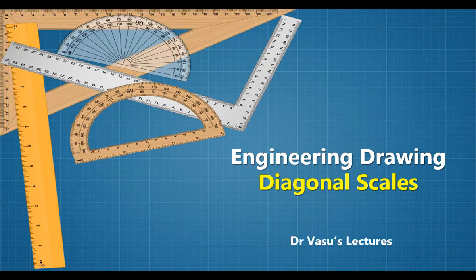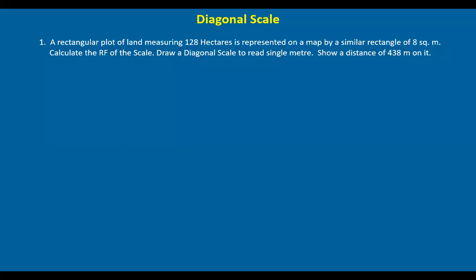So let's see some more top problems in diagonal scales. Here, the RF is not directly given, but instead the area is given. It's a different way of giving the RF, representative fraction. How?